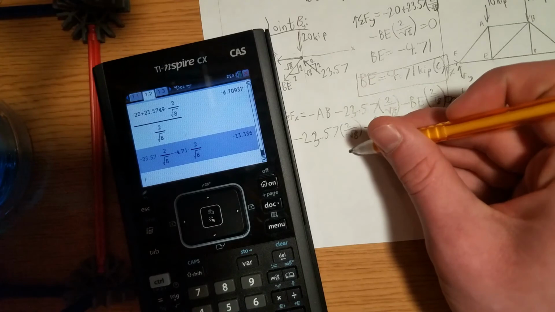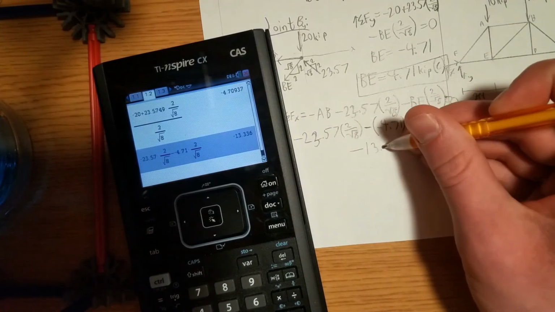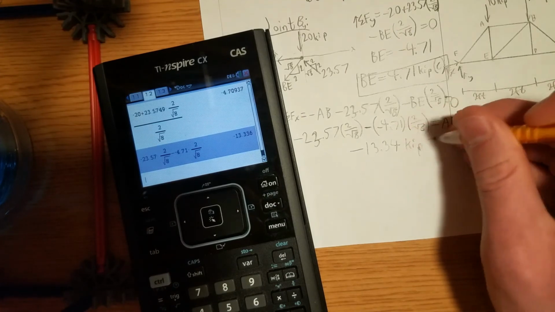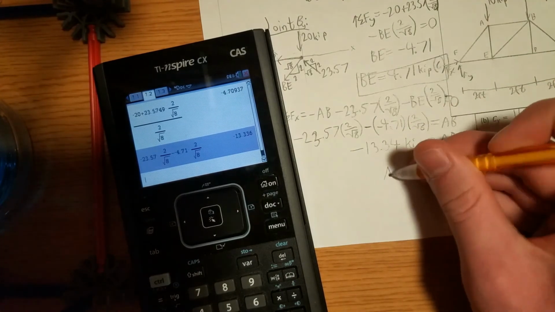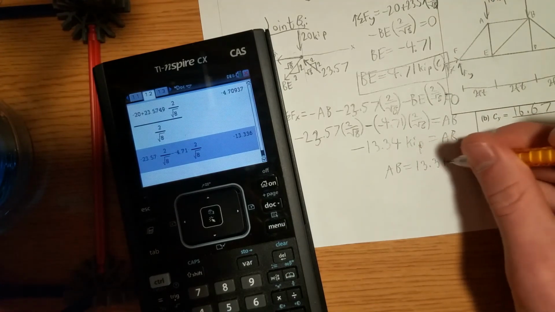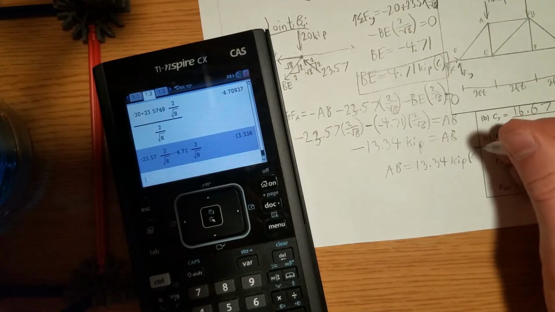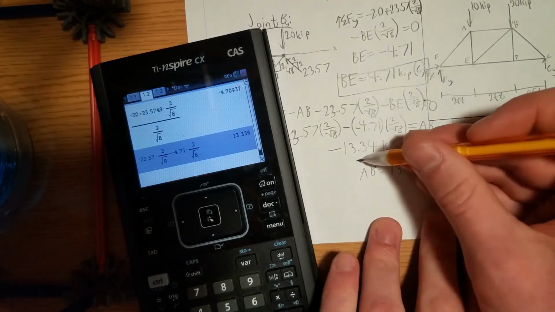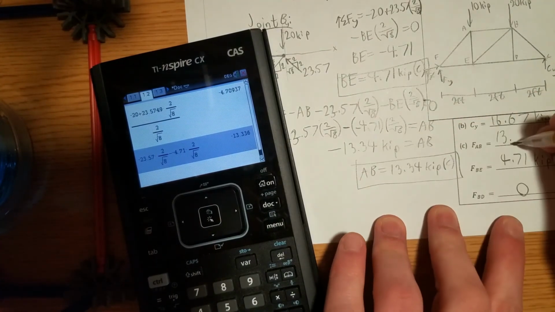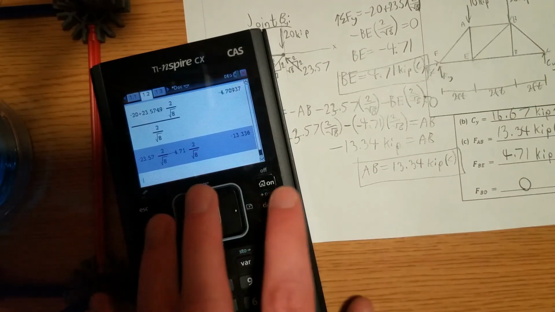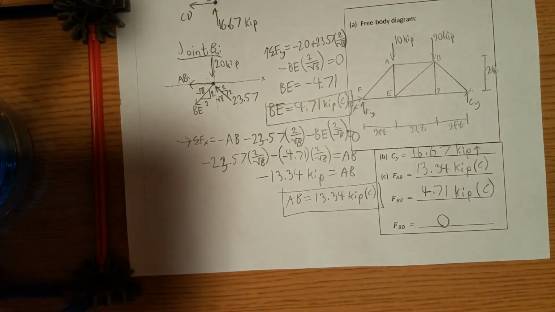We're going to end up getting negative 13.34 kips is equal to AB, or we can write it down below for our final answer. It's going to be equal to 13.34 kips in compression. So in our answer box here, we'll go ahead and box that too. 13.34 kips in compression.